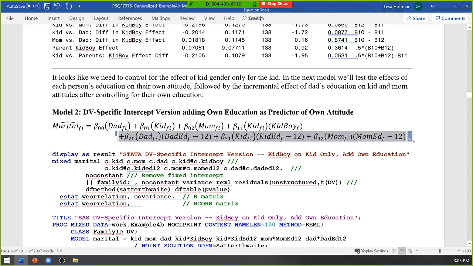Here is another model, adding in the effect of your own education. So I have dad's education predicting his attitudes, mom's education predicting her attitudes, and kid's education predicting their attitudes.